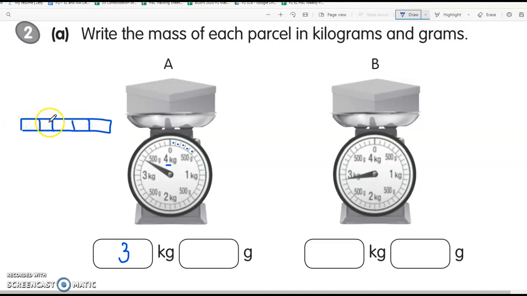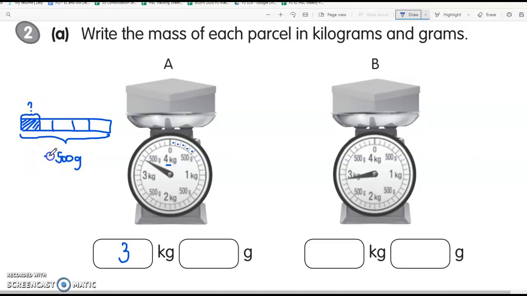So there are 5 gaps, which I use the model to draw now to reach 500 grams. So these 5 gaps is 500 grams. So how do we find the mass of each interval, of each line? So what is the mass of each line?